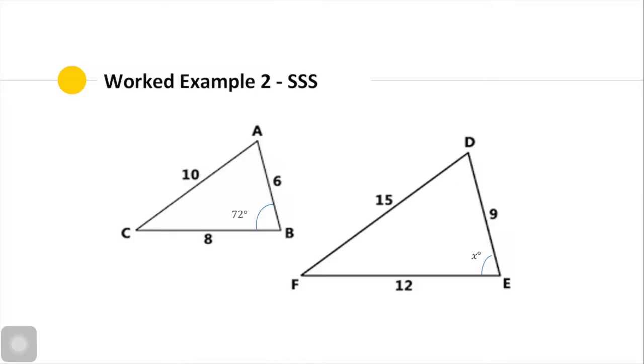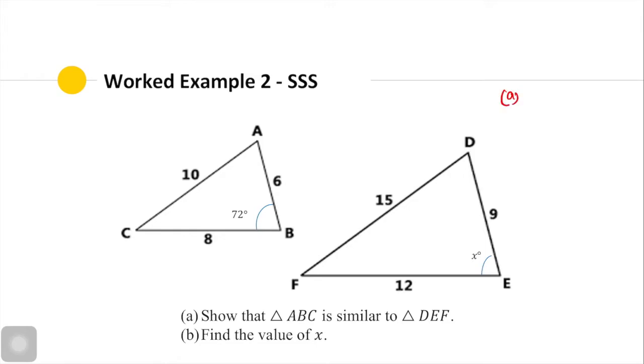So first example, let's check. Show that triangle ABC is similar to triangle DEF. How do we show that? We need to show that all three sides have the same ratio. So part A, we show that AB over DE should have the same ratio as BC over EF, which should again have the same ratio as AC over DF.